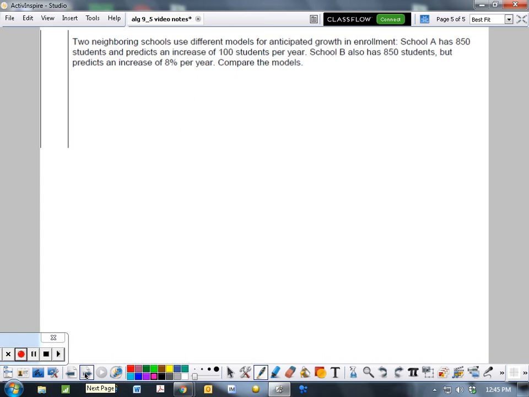Okay, last problem. Two neighboring schools use different models for anticipated growth in enrollment. School A has 850 students, and predicts an increase of 100 students per year. So we are starting off with 850 students, and we're going to add 100 students every year.